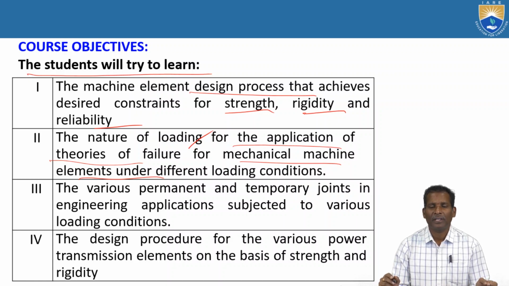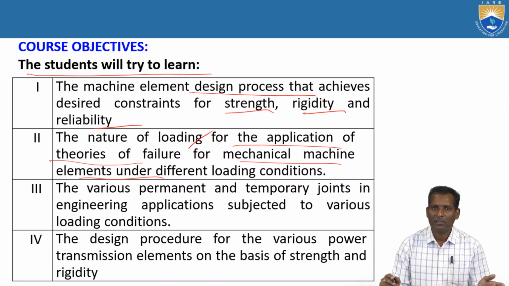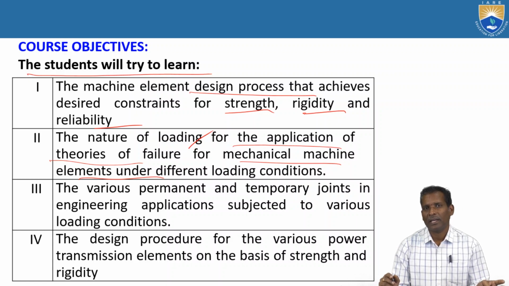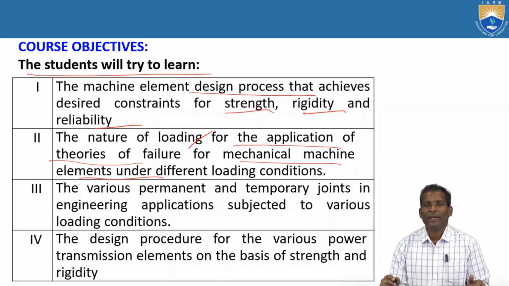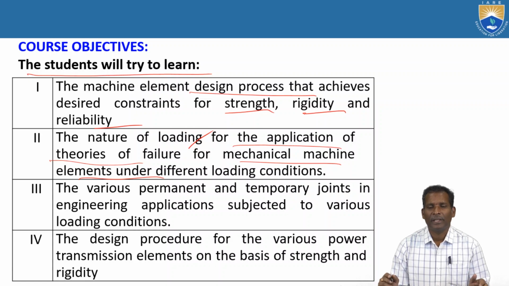How to calculate the fatigue strength for a particular number of cycles by using the SN curve, and then by using different theories like the Soderberg line, Gerber parabola, and Goodman line method. By using these methods, the student will calculate fatigue strength of a particular material.